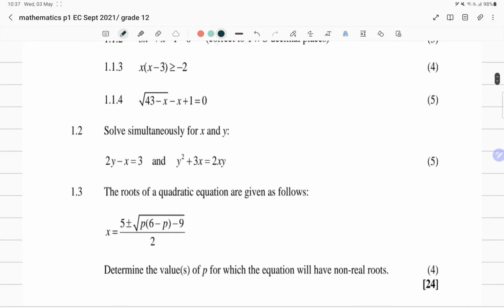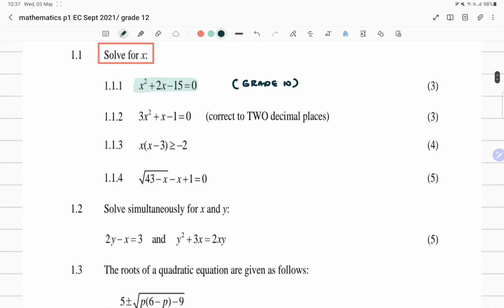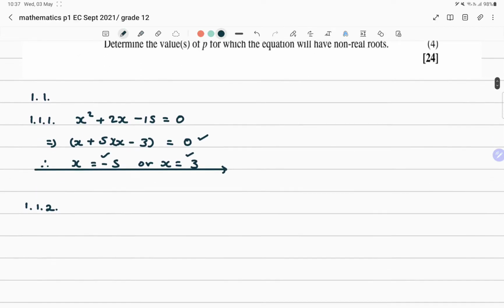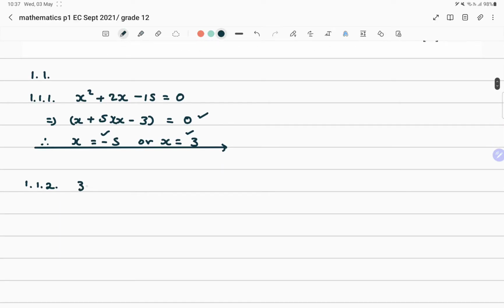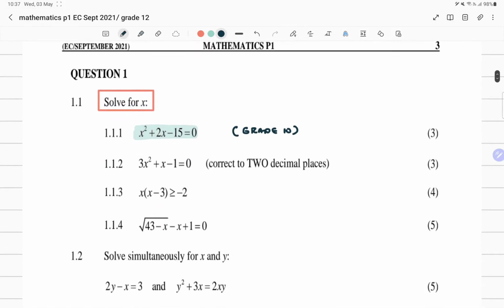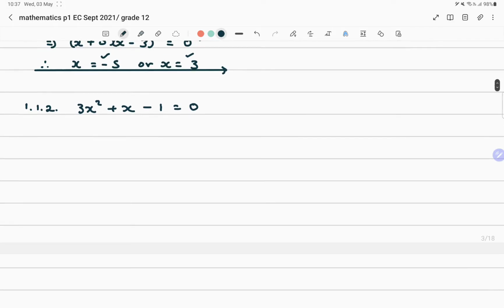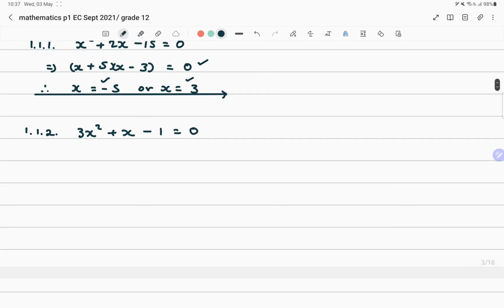So let's go on to 1.1.2. So what do we have here? 3x squared plus x minus 1 is equal to 0. And then, of course, we are told to correct to 2 decimal places, which is already something that we are familiar with.